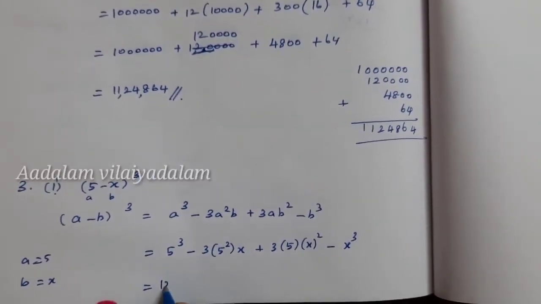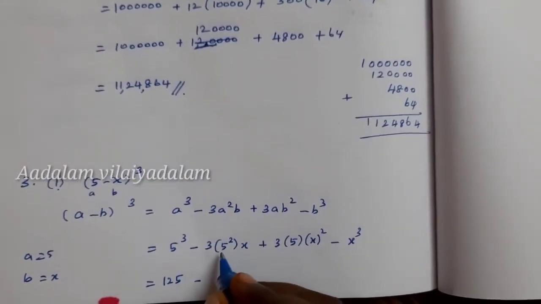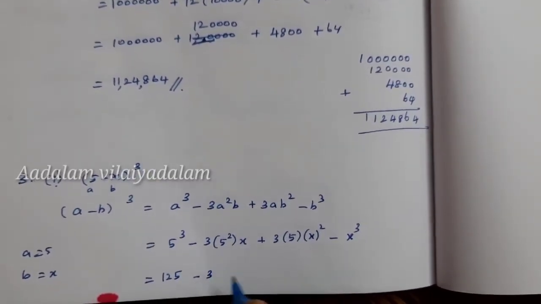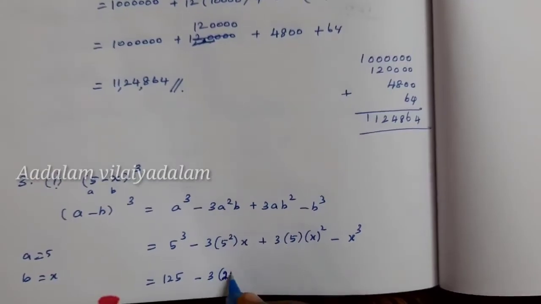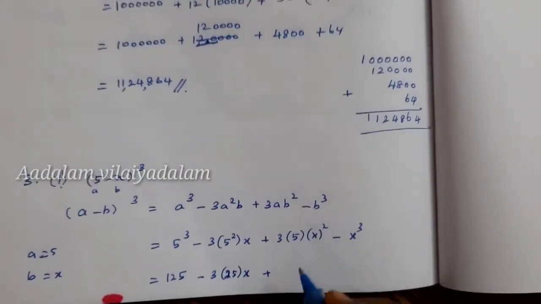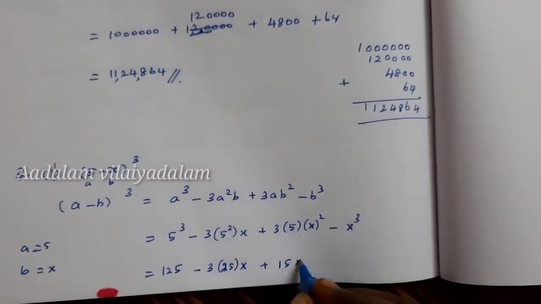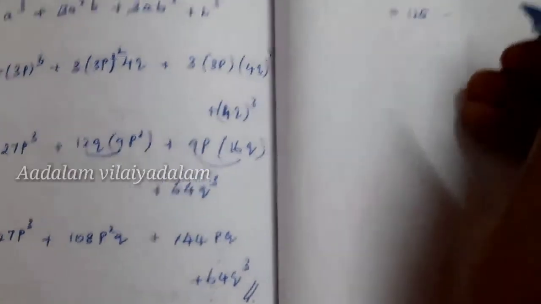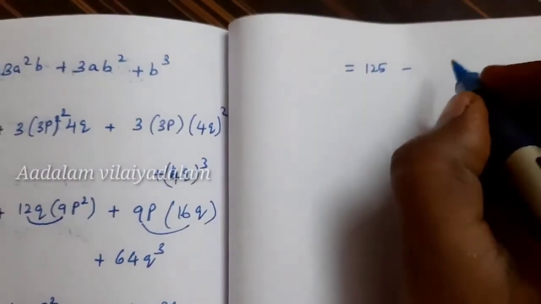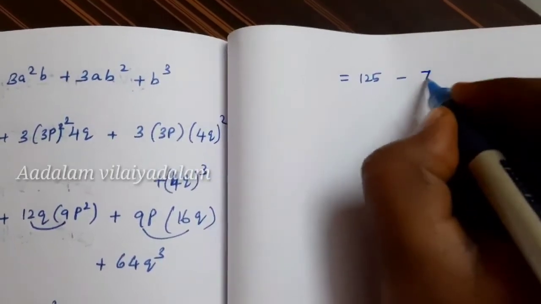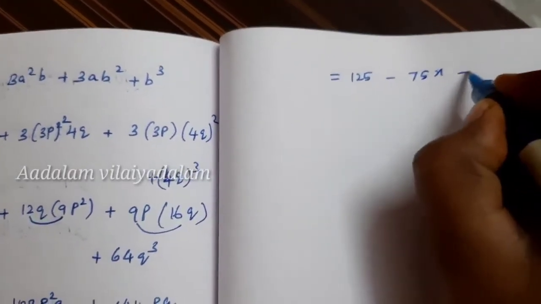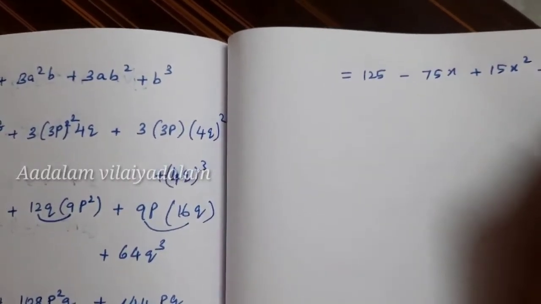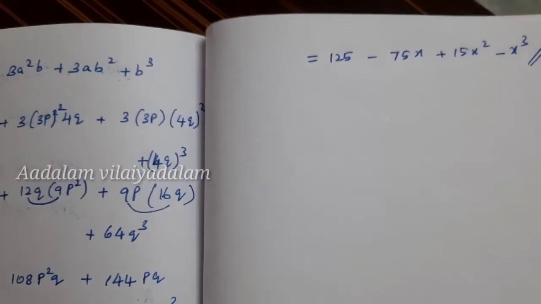Then 5 cube value is 125 minus 5 square value is 25 and 3 into 25 into x plus 3 5s are 15x square minus x cube. Now multiplication of this 3 into 25 we get 75x plus 15x square and minus x cube is the answer for this subdivision.